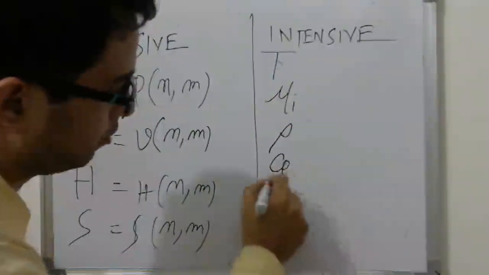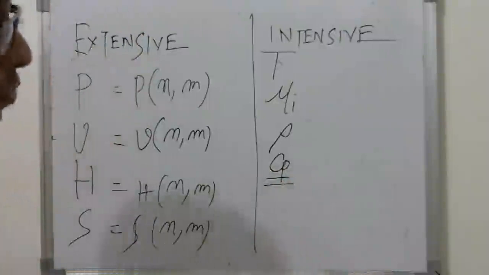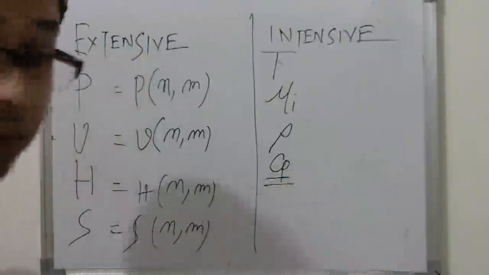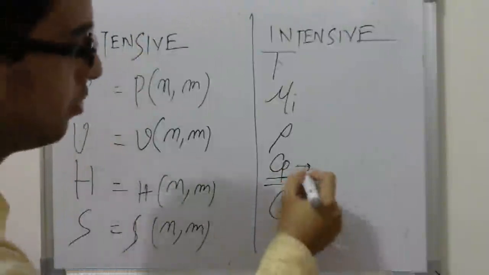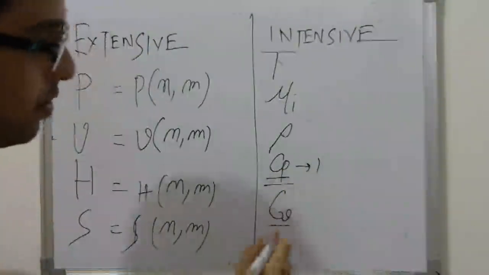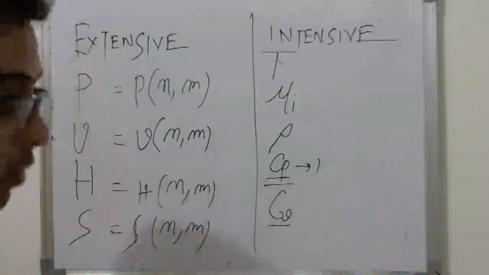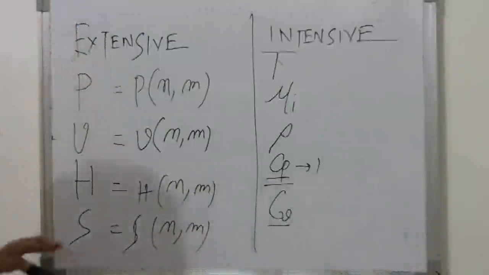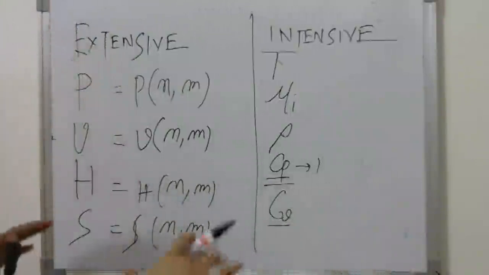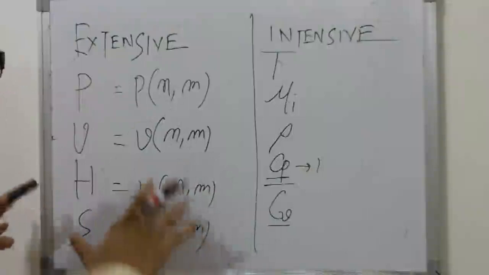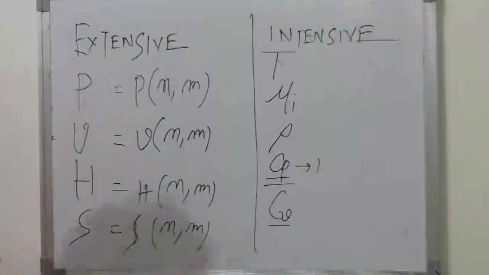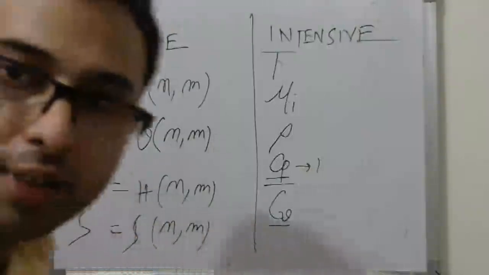Cp and Cv, that is heat capacity at constant pressure and heat capacity at constant volume, if not molar, then depending on whether it's divided by mass, it becomes an intensive property. But if mass terms or number of moles terms are included, then it automatically becomes an extensive property, right?